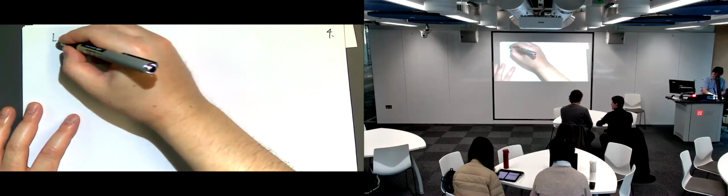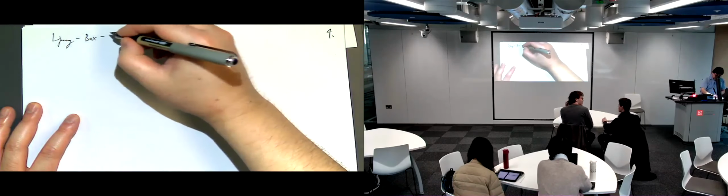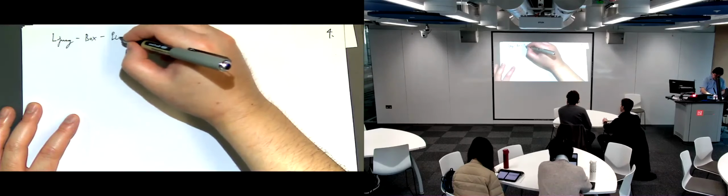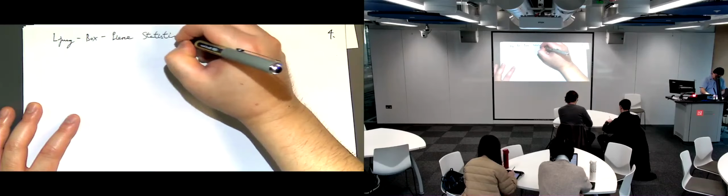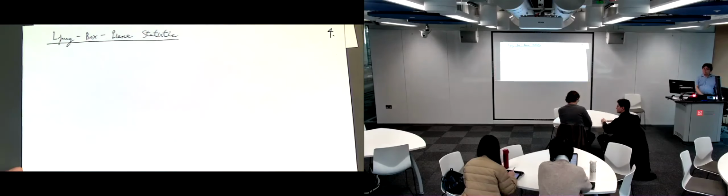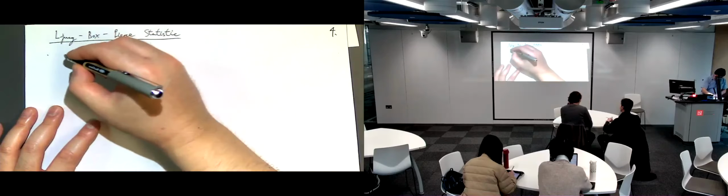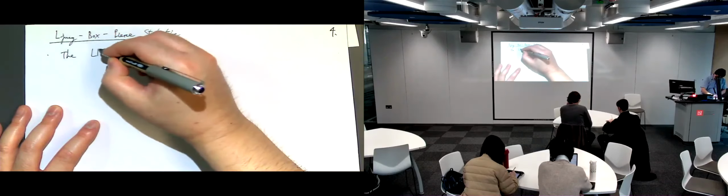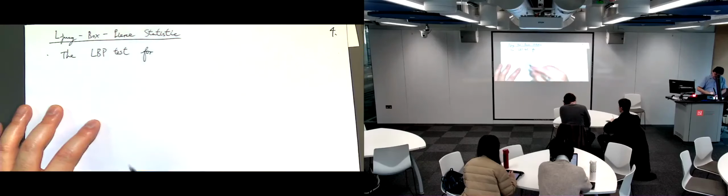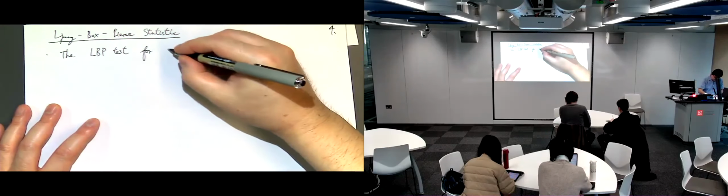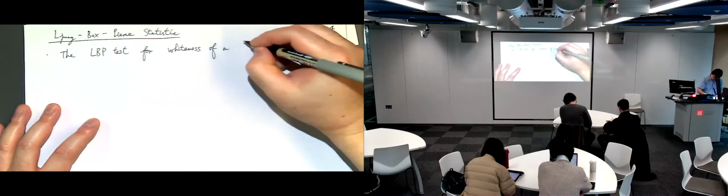So the next thing I want to talk about is the Ljung-Box statistic. Some people call it the Ljung-Box-Pierce statistic, and in textbooks you see the LBP statistic. The LBP test is actually for testing white noise, so they call it testing for whiteness of a time series.